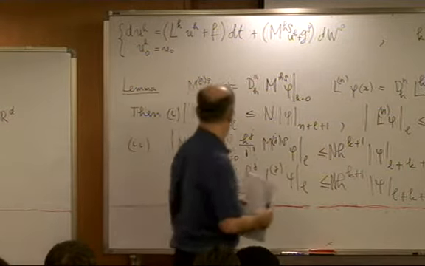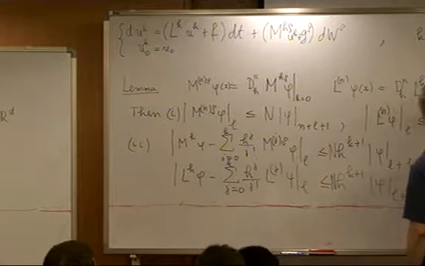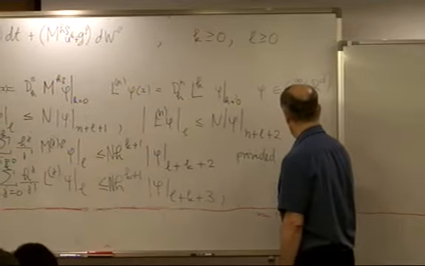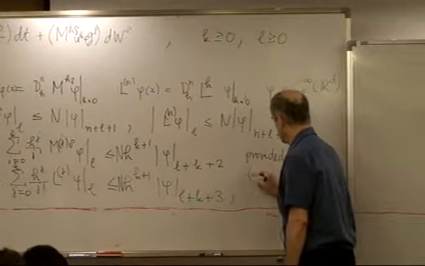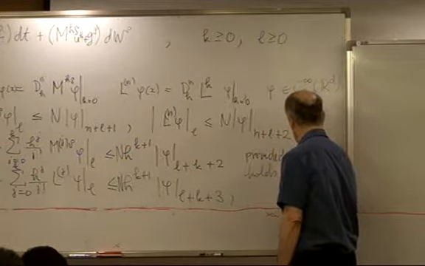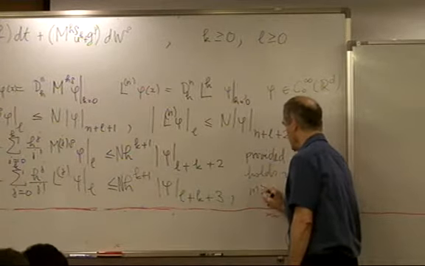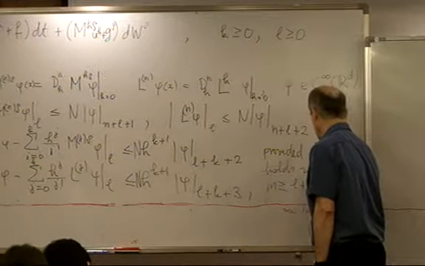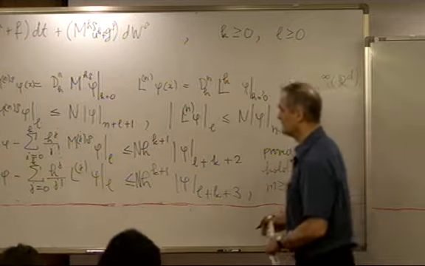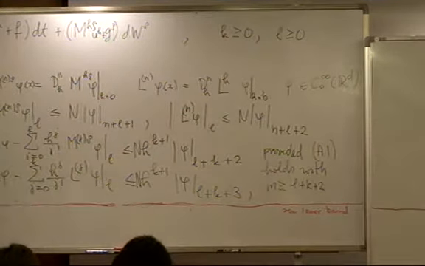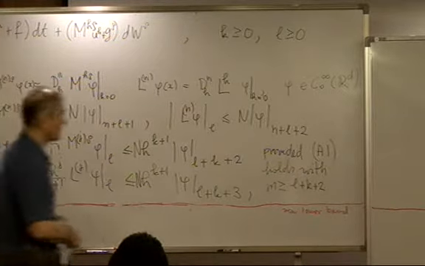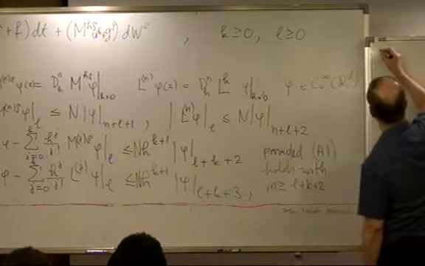So here, provided that A1 holds with M greater than or equal to L plus k plus 2 is enough. Now, I hope I have written down properly, but if not, it will turn out when I try to give the hint of the proof.